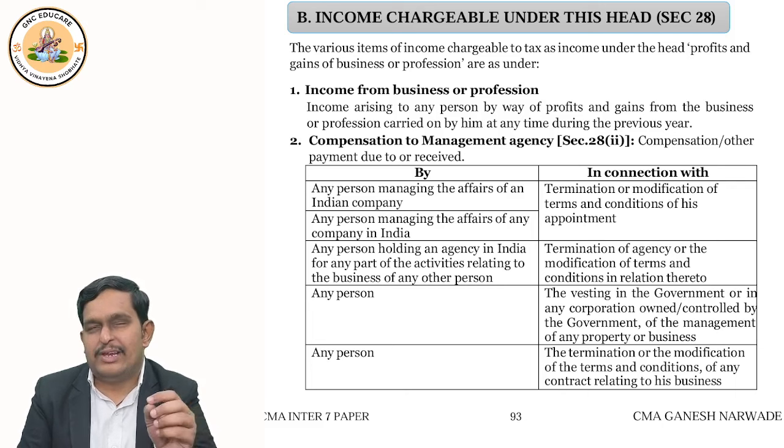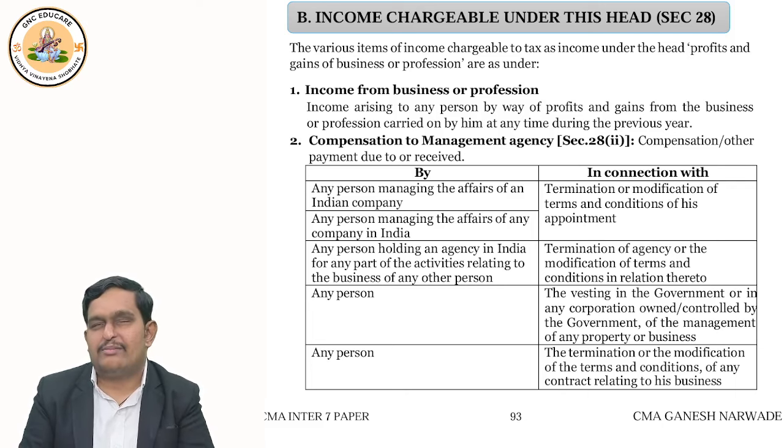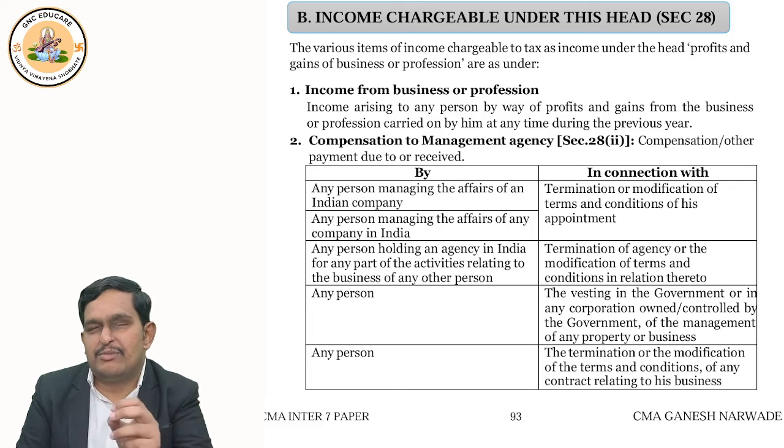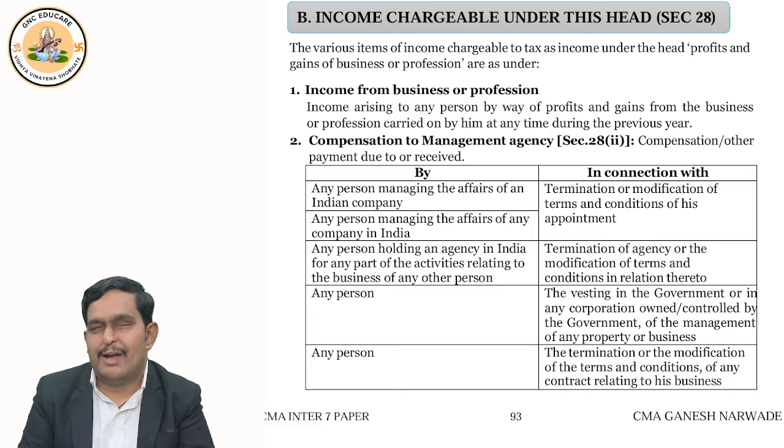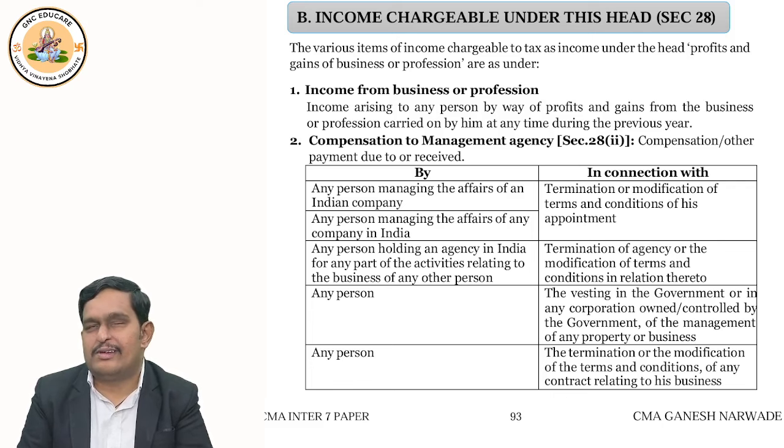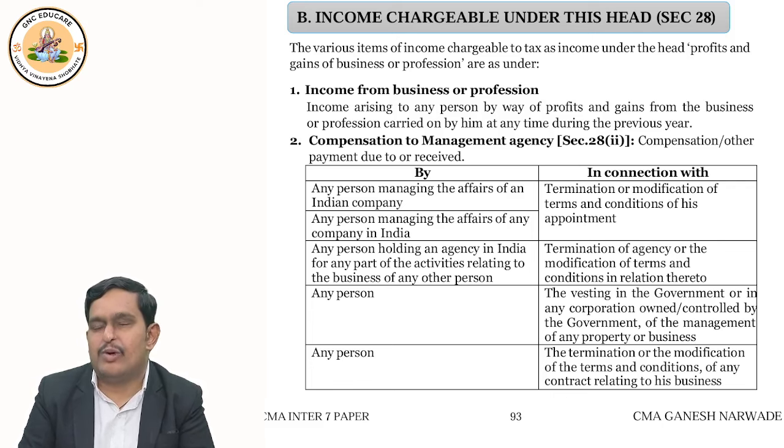Whenever such termination happens, or sometimes they modify the terms and conditions, when there is a modification of terms, or a termination of such top positions who are CEOs, CFOs of companies, that too Indian companies, they get huge compensation. If there is an abrupt removal, abrupt termination, abrupt modification of terms, then they get compensation.